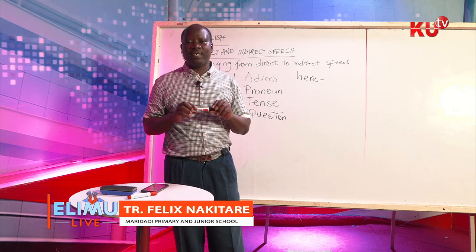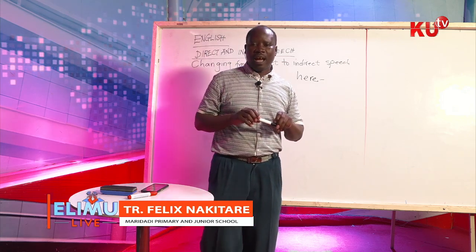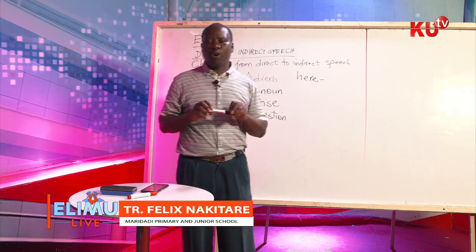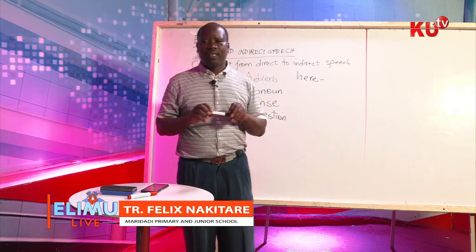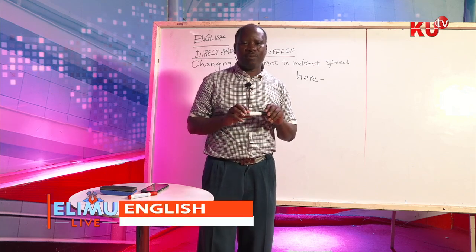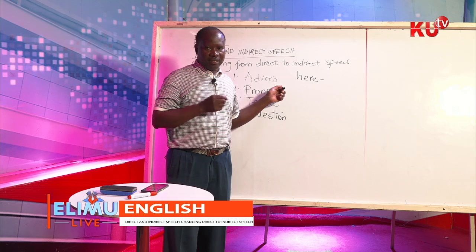So you see the word here changes to there because I move from where the teacher is, I go to a place where John is, and I tell John to go where the teacher is. Therefore, the word here changes and becomes there. That is how adverbs change.